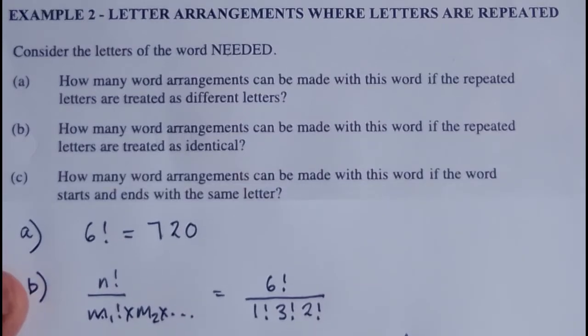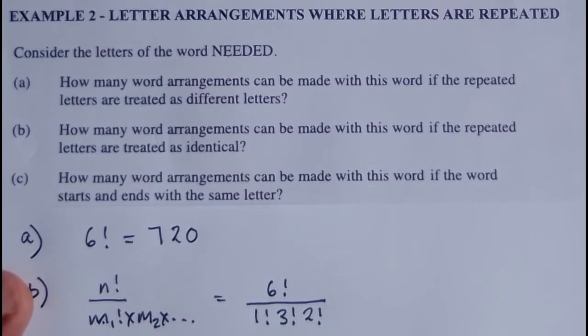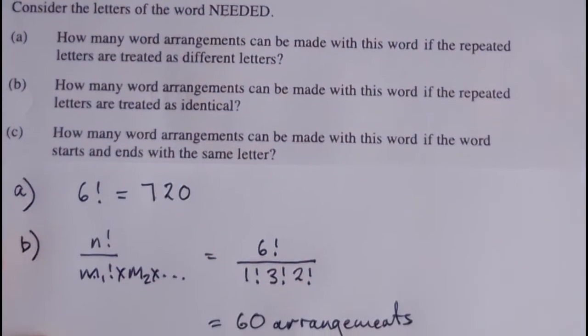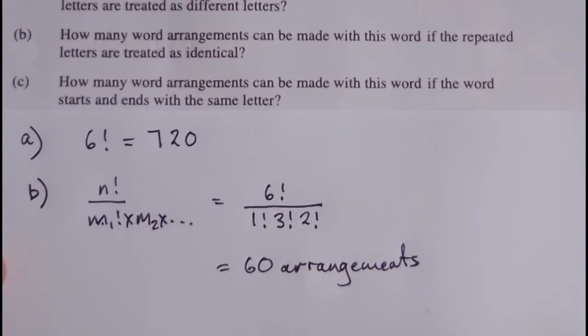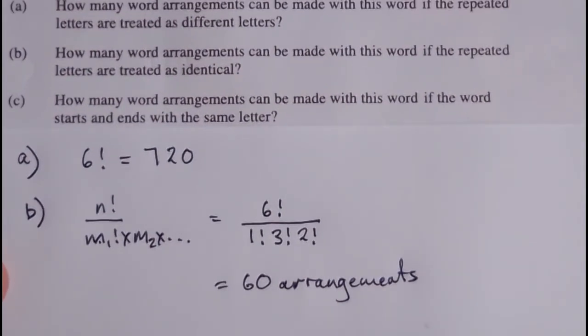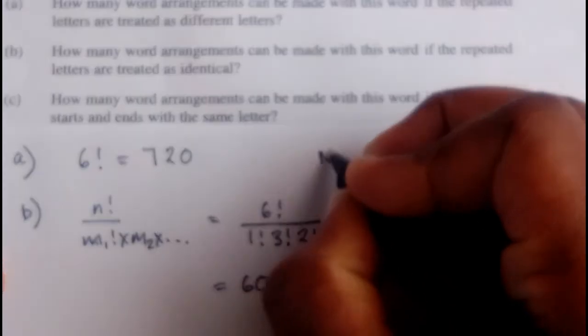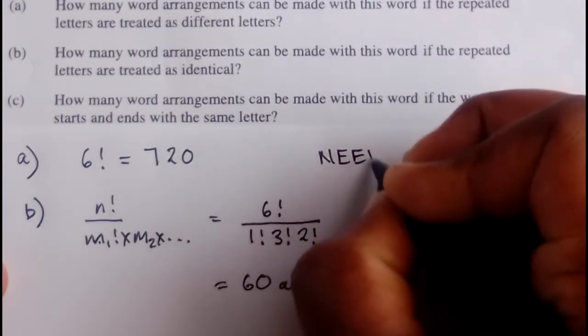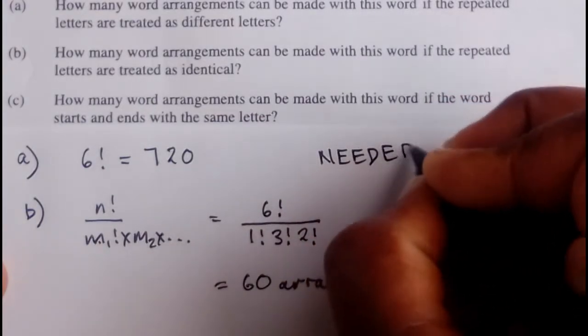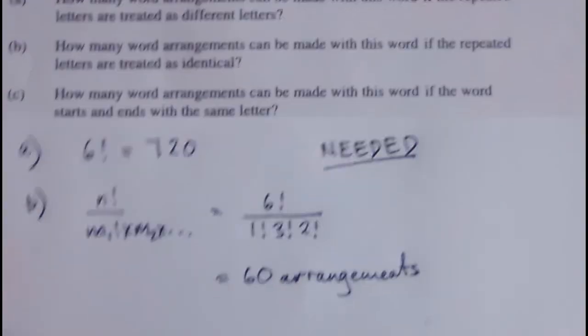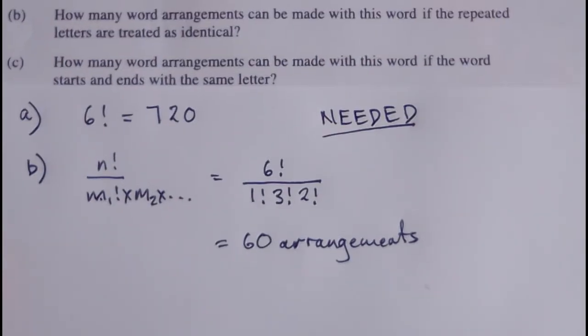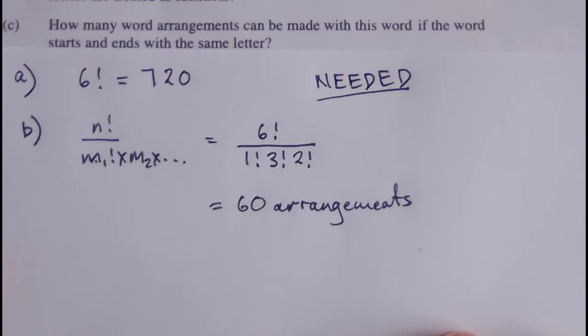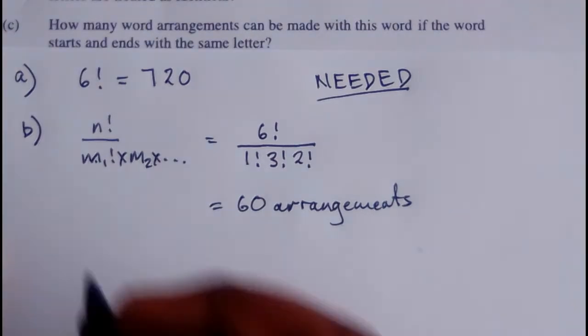How many word arrangements can be made if the word starts and ends with the same letter? Let me write that word over here quickly so that we don't lose track of what we are doing. How many word arrangements can be made with this word if it starts with and ends with the same letter?